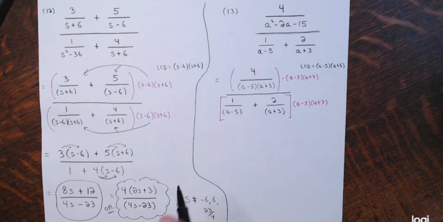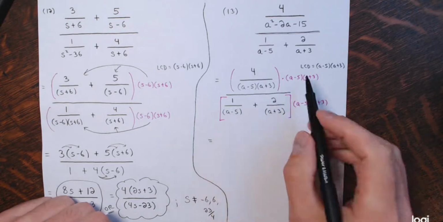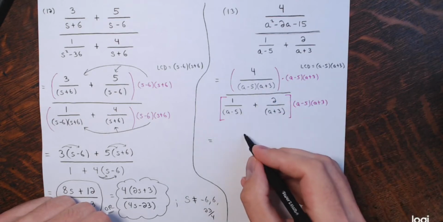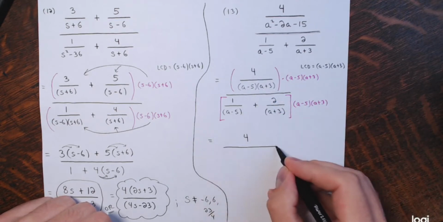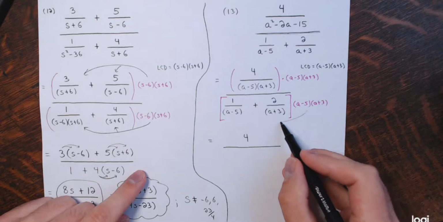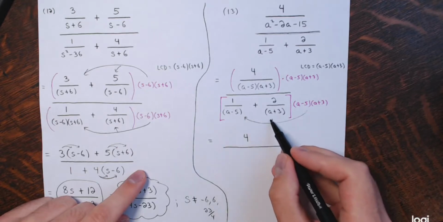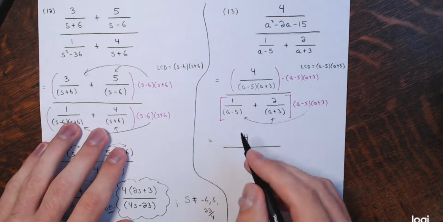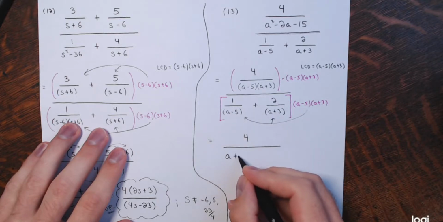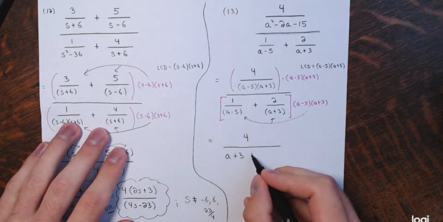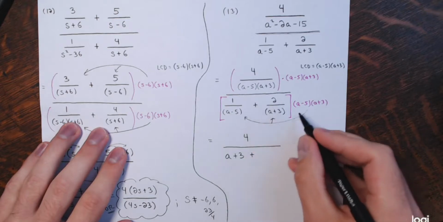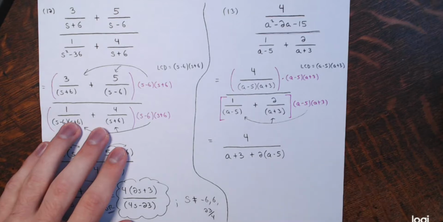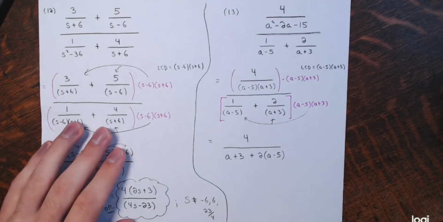The numerator, both factors will cancel, leaving me with 4 over, and then distributing the LCD to both fractions in the denominator leaves me with a plus 3 for the first term, plus 2 times the quantity a minus 5 for the second term. The a plus 3's would cancel.